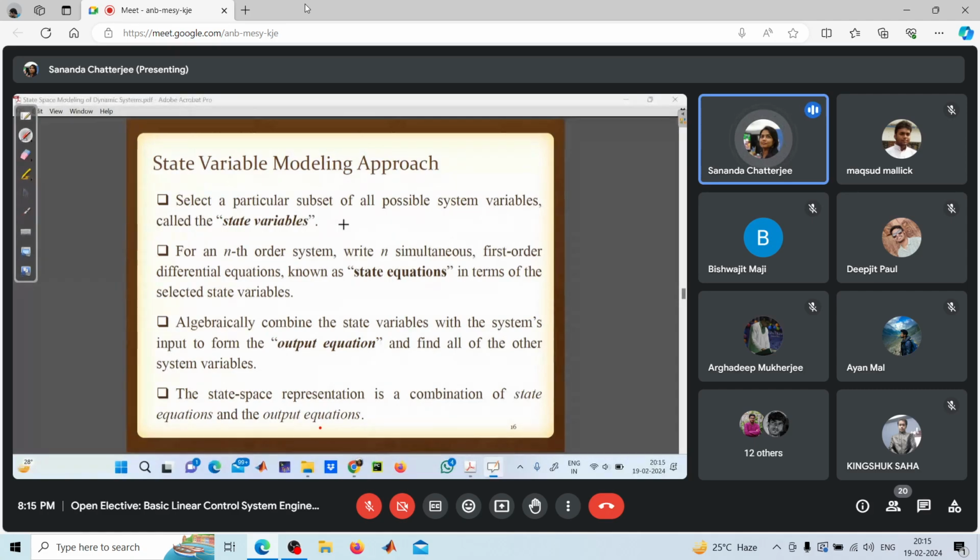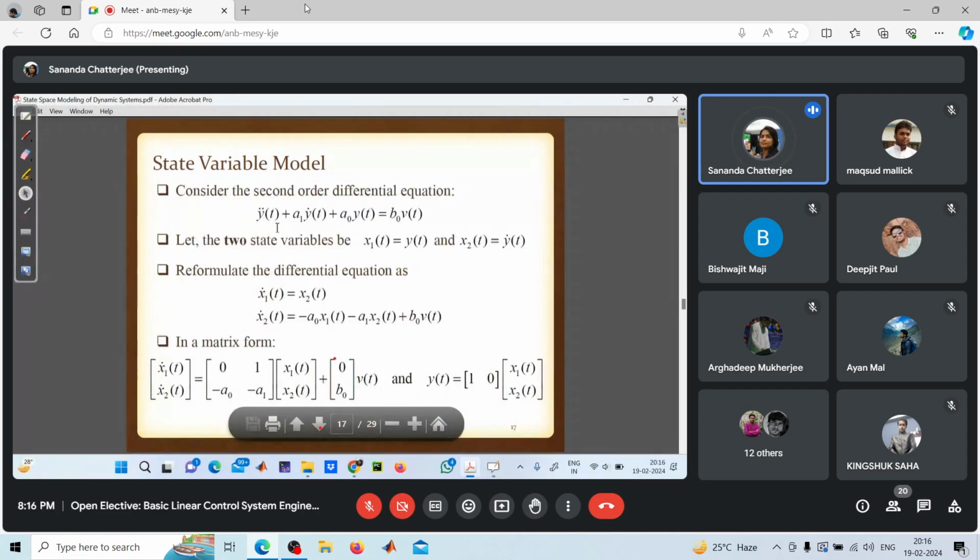So the first step is to choose the set of state variables, and if it is an nth order system, then we have to choose n such variables, and next we need to write n simultaneous first order equations. Okay, do you understand first order equations? In this case it was a second order differential equation.